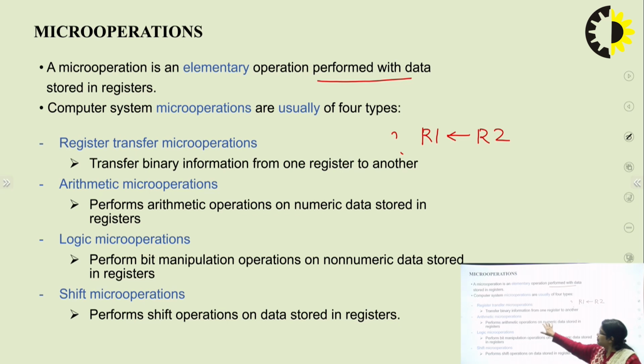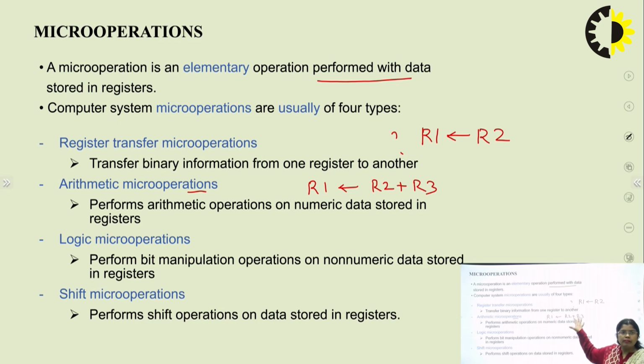Arithmetic micro operations are operations like addition, subtraction, increment or decrement performed on register contents. For example, R1 = R2 + R3 or R2 - R3.